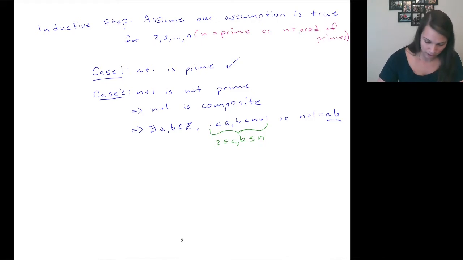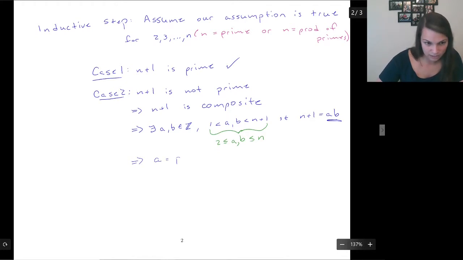So then a equals p1 to the k1 power all the way up to pm to the km, we'll say we've got m many, and then b can be done with q's because why not?